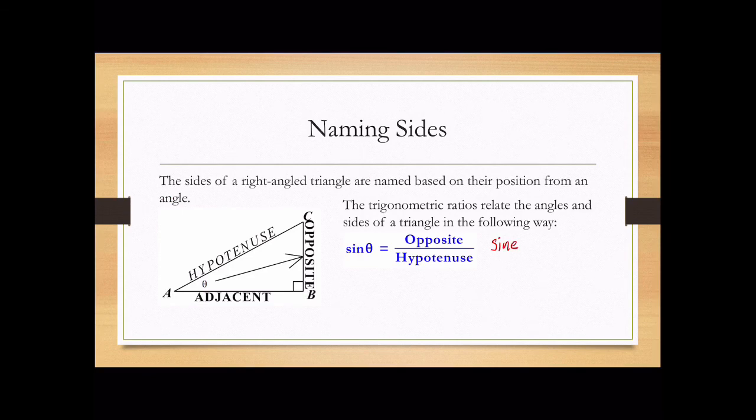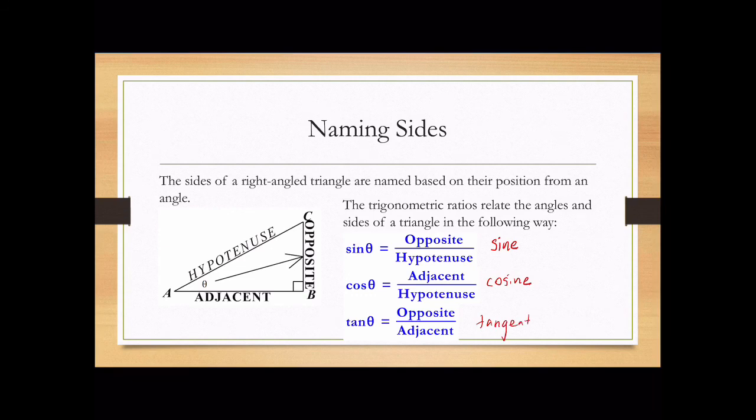The sine ratio is always equal to the opposite side over the hypotenuse. The next one is cosine, or cos. Cosine is always the adjacent side over the hypotenuse. And the last one is tan, which is short for tangent, and it's equal to the opposite over the adjacent.